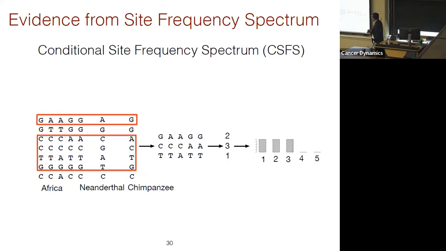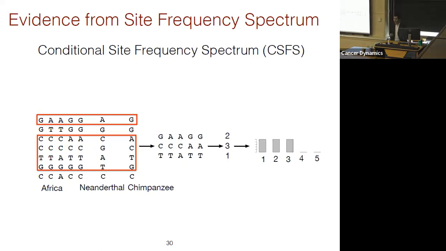So let's talk about the site frequency spectrum. What is the site frequency spectrum? We are looking at a population, and we're looking at polymorphisms in this population. Essentially, the site frequency spectrum is a histogram of the frequencies of these polymorphisms. You would go to the first site and count up the frequency of the allele at this site, which is 2 copies of A. You go to the second site and count that there are 2 copies of T. And so you'd build a histogram.